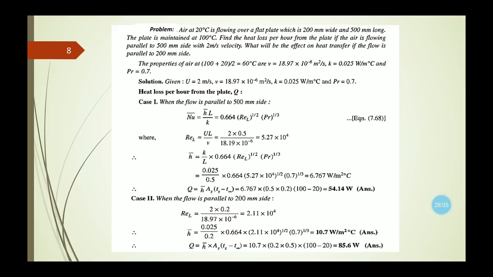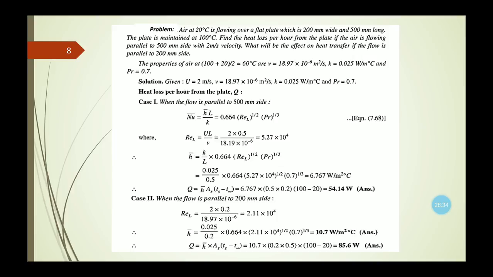The Reynolds number can be calculated using the formula UL by nu. The value of U is 2 meter per second, the value of L, the length, is 500 millimeter or 0.5 meter, and the kinematic viscosity is also given. That means you can calculate the value of the Reynolds number.